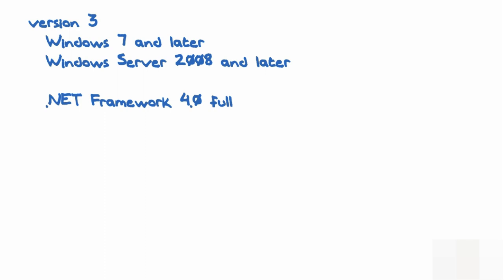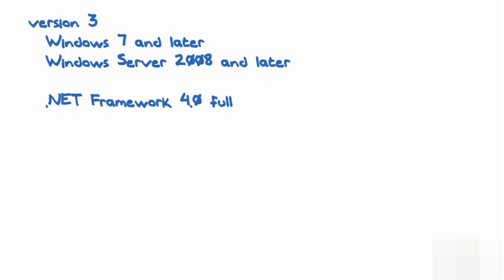It does require .NET Framework 4.0. And there's a trick here, though. It requires the full install of 4.0. Now, a lot of folks, especially if you got 4.0 through Windows Update, got what's called the .NET Framework Client Profile. It's a trimmed down version of the framework that was designed to save a little bit of space on client computers. Version 3 won't run on it.